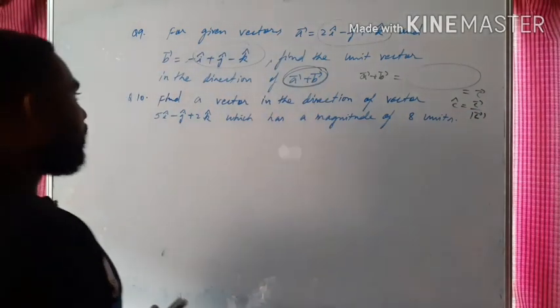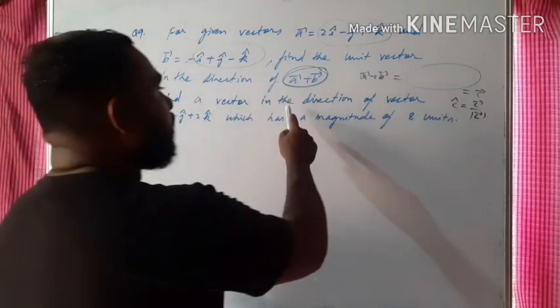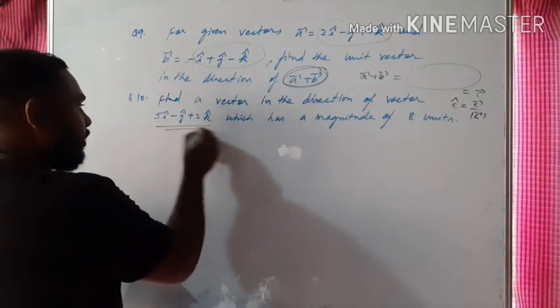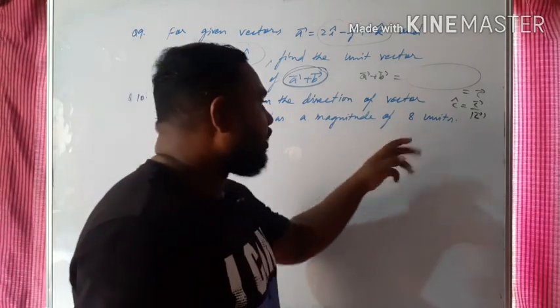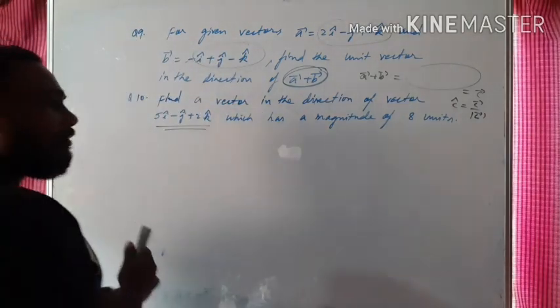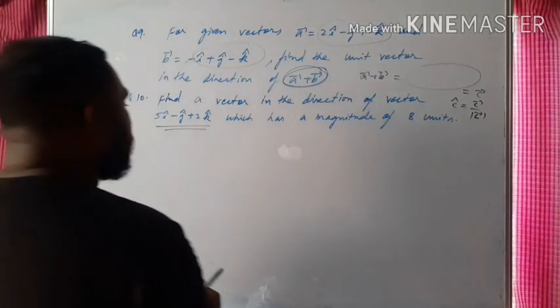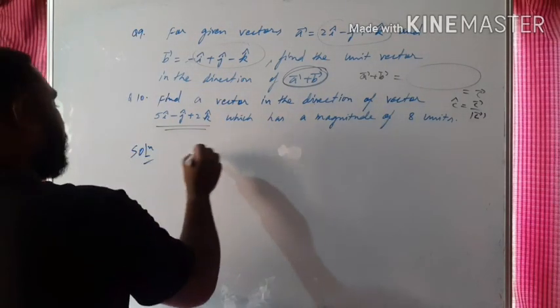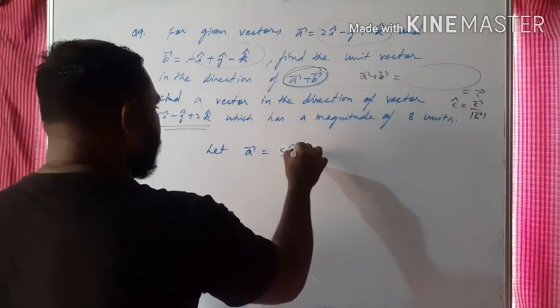So do it yourself. Let me see the next question, that is, find a vector in the direction of the given vector which has magnitude 8 units. So what we will do here is, whatever vector is given, let me consider a vector.